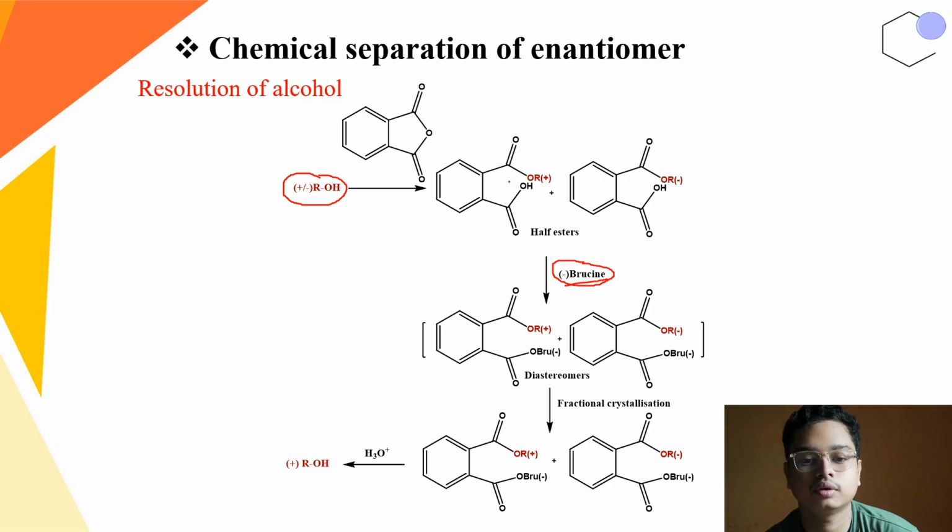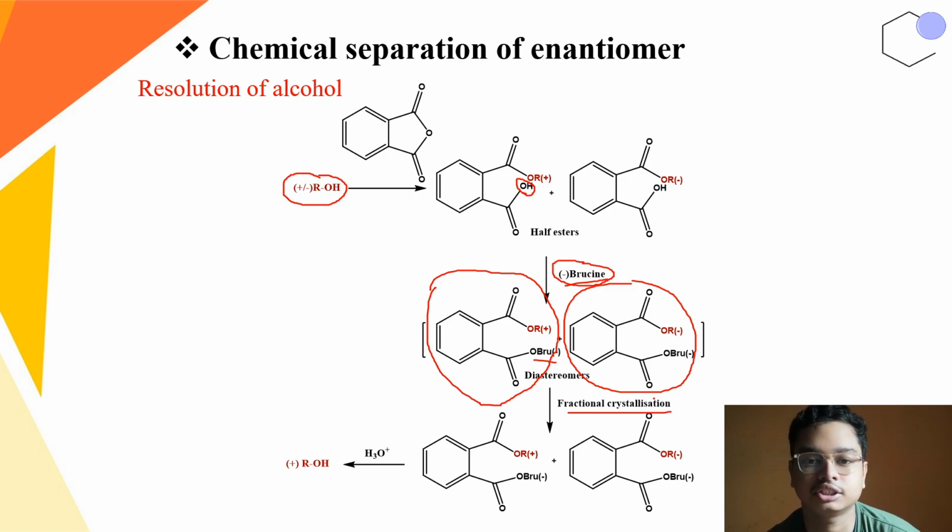So this brucine will attack this OH and bind there. Now these two become diastereomers to each other. Then we do fractional crystallization, or we can do chromatography, to isolate these two compounds.